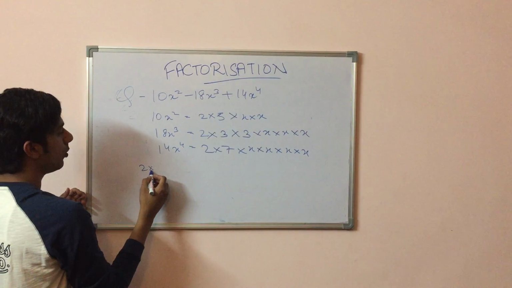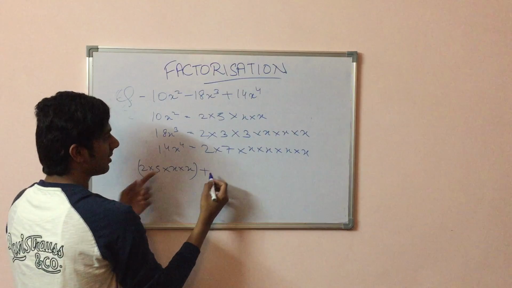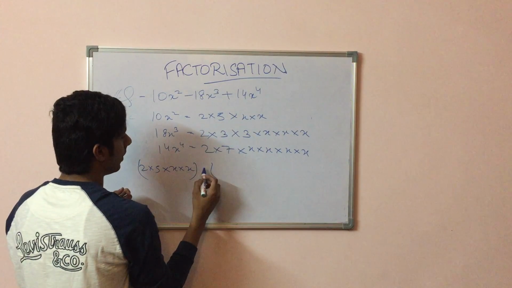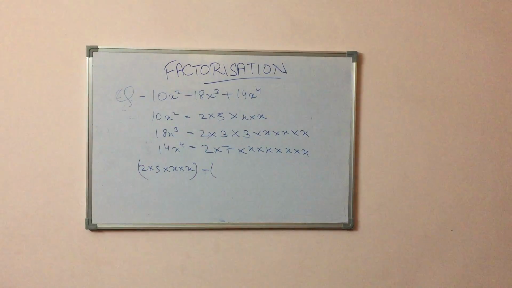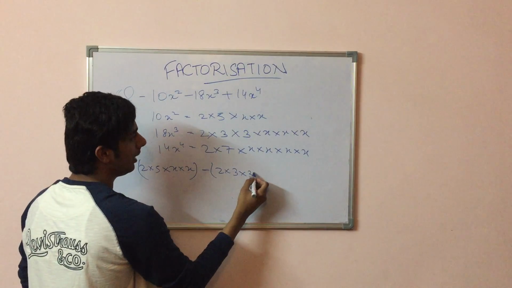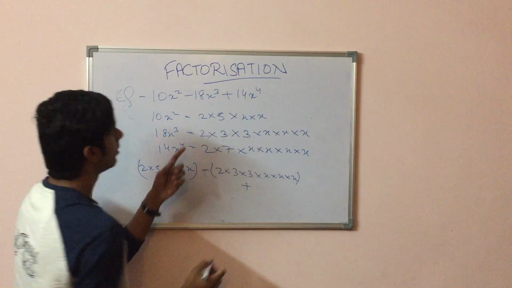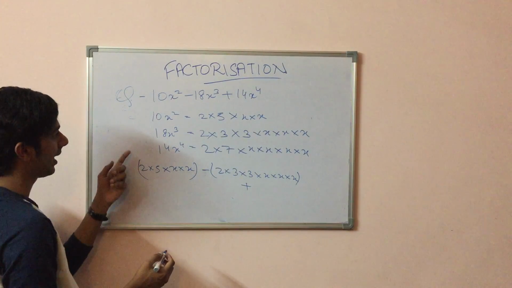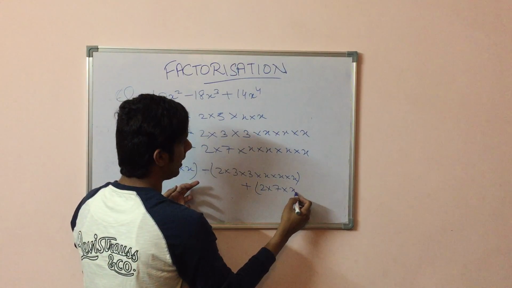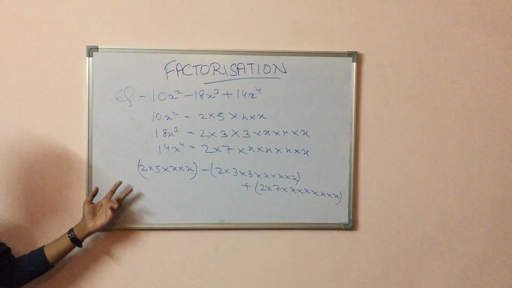In 2 into 5 into x, plus, second bracket, sorry, it's minus between. 2 into 3 into 3 into x into x into x plus 14x⁴ can be written as how? 2 into 7 into x into x into x into x, right?